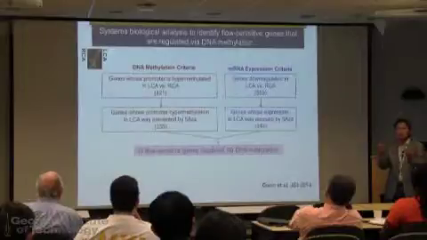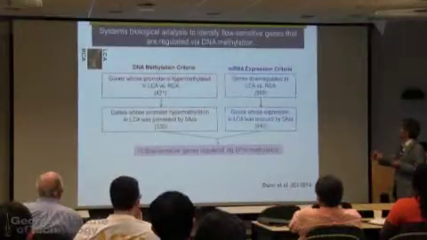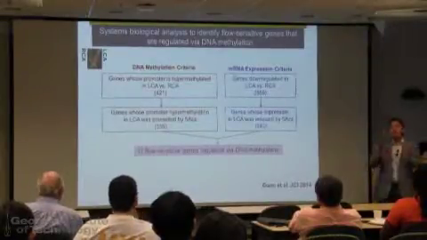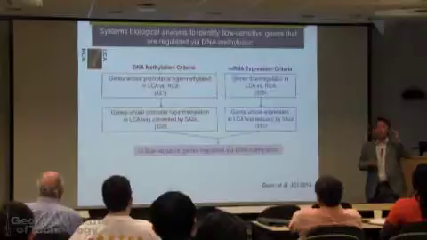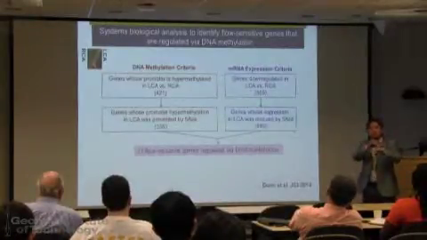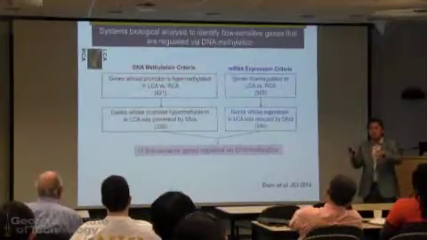So we then compared to see whether DNA methylation pattern matches any gene expression patterns. The basic idea is this: when genes, especially at the promoter regions, are DNA methylated, then it tends to prevent its gene expression.